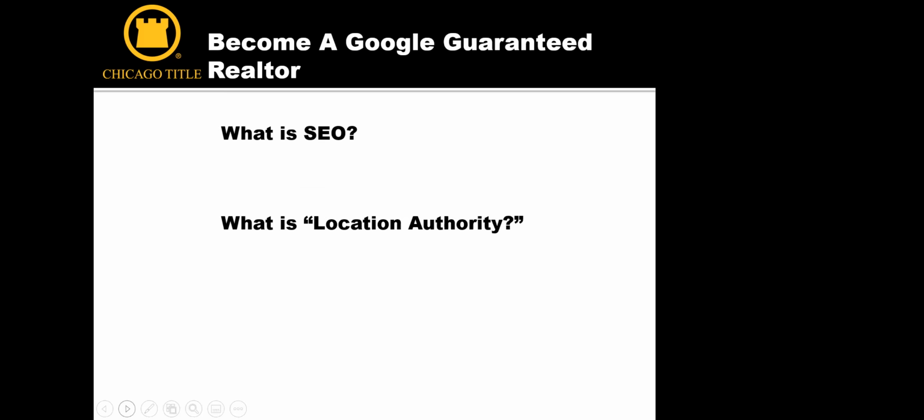Then what is location authority, right? Location authority means you want to dominate in your area. For example, agents typically want to dominate in their farm area, a certain circle area, right?